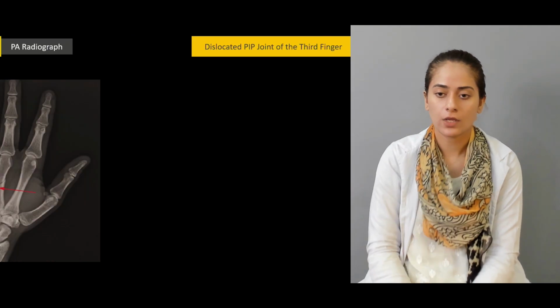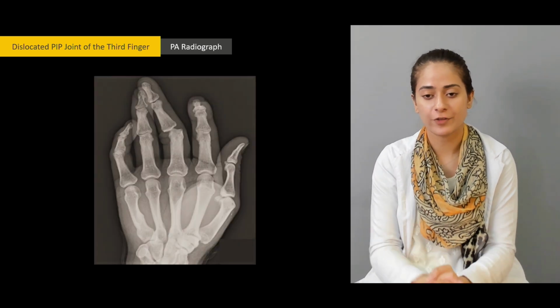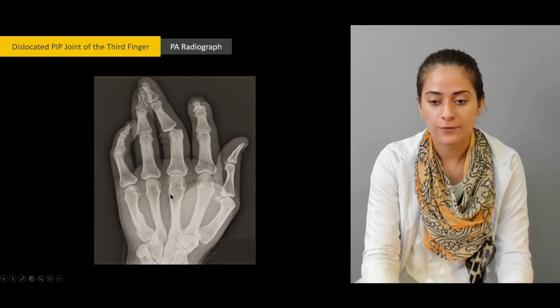Now we're going to talk about dislocated PIP. PIP dislocation, again, is a rare condition, but the 2nd and the 3rd fingers are susceptible to it. Still, it's rare. I've never seen it, but well, this is a radiograph of it. This is the 3rd finger.